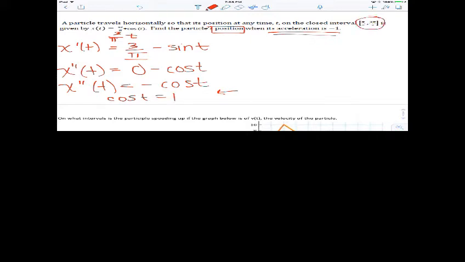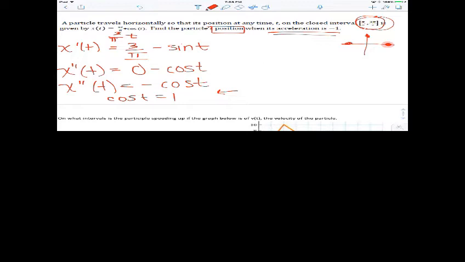Now look at my interval. It's saying from pi over 2 to 5 pi over 2. So let's think about our unit circle. Cosine is 1 when the x value is 1. So cosine is only 1 over here at 0 degrees. And so in that interval, well, pi over 2 is here. There's pi.